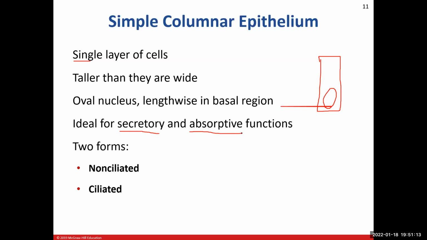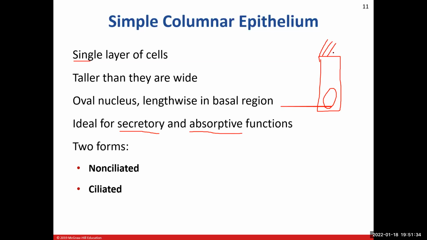So we have two types of simple columnar epithelium. We have non-ciliated and we have ciliated. All right, so now we have to figure out what the heck cilia is. Cilia are these hair-like structures that are attached onto the apical surface of a cell.